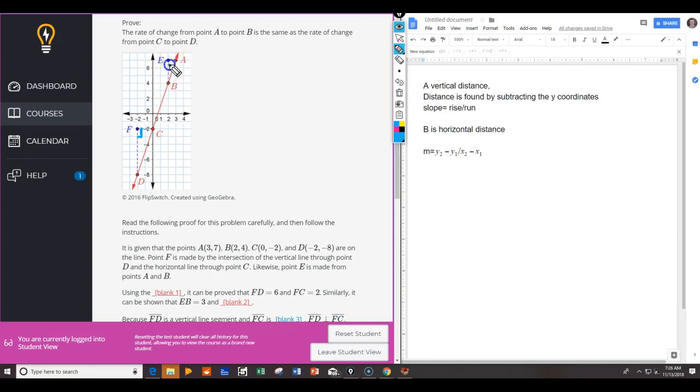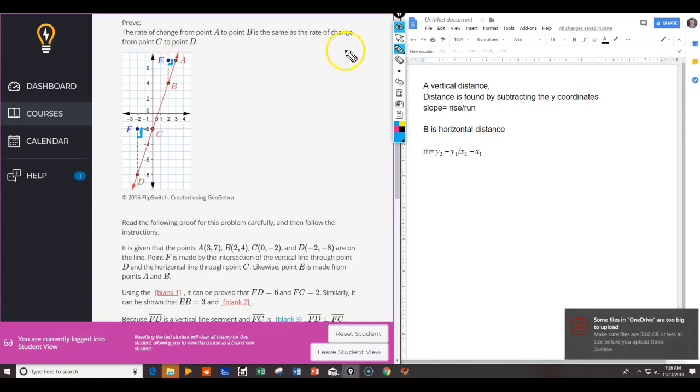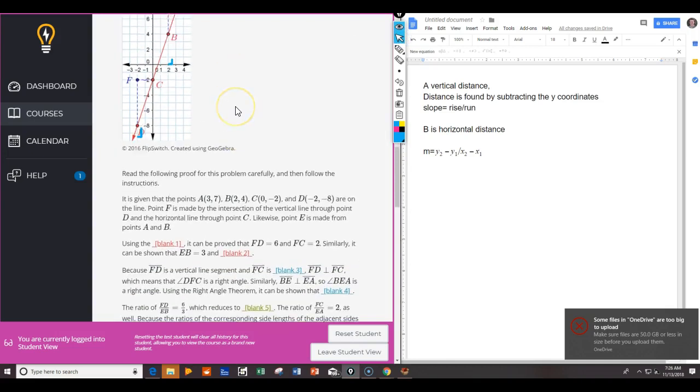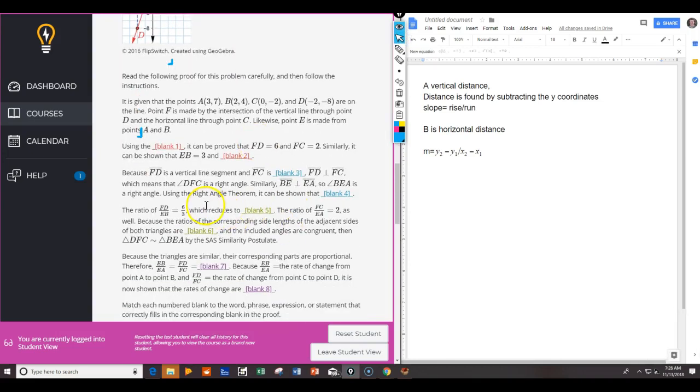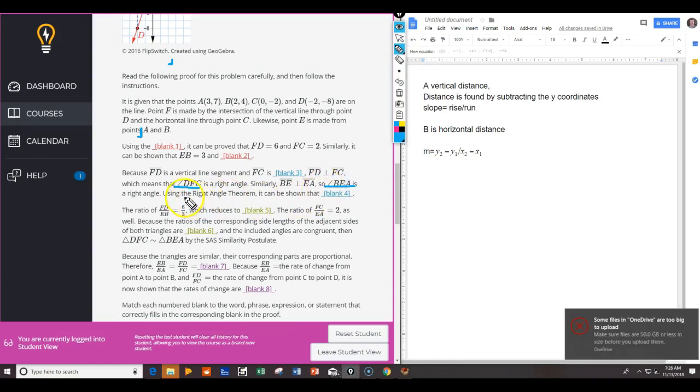Likewise, this angle right here, BEA, is 90 degrees. Since all right angles have the same value, using the right angle theorem, we can say that these two angles, DFC and angle BEA, are congruent.